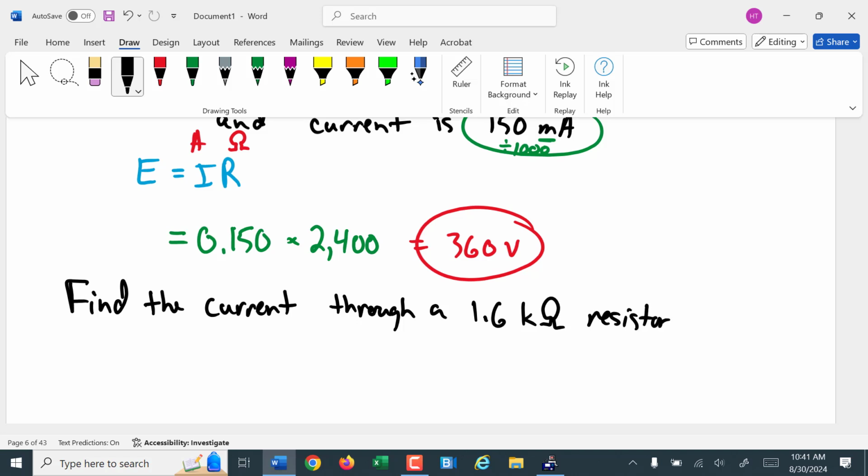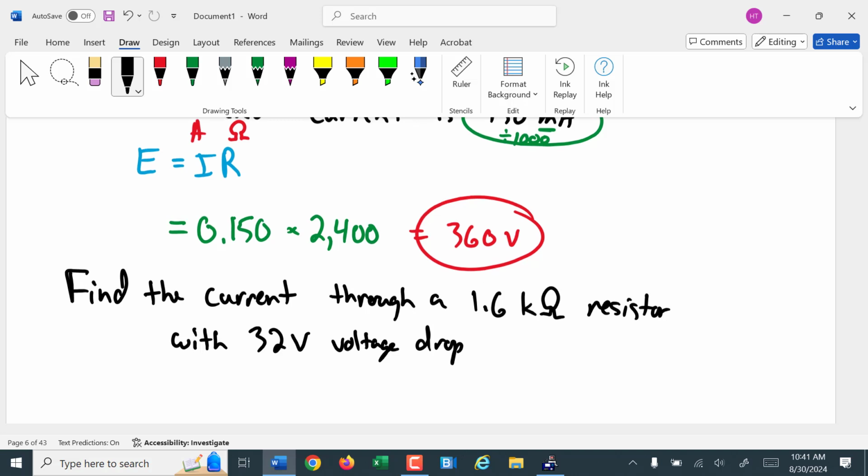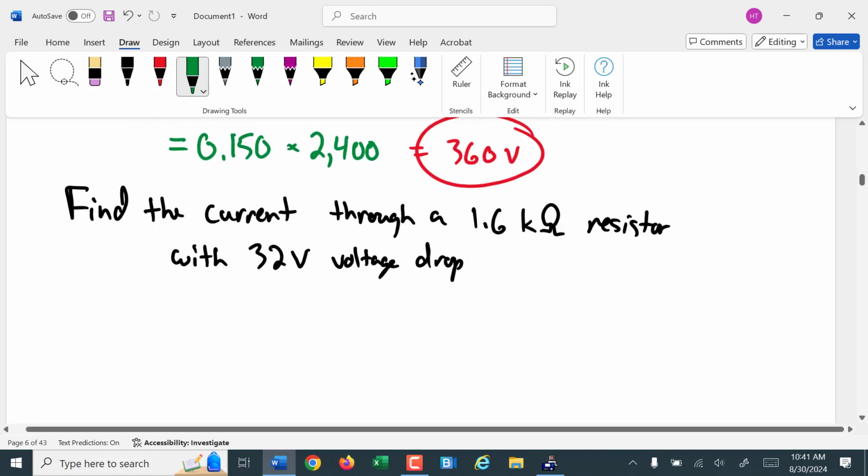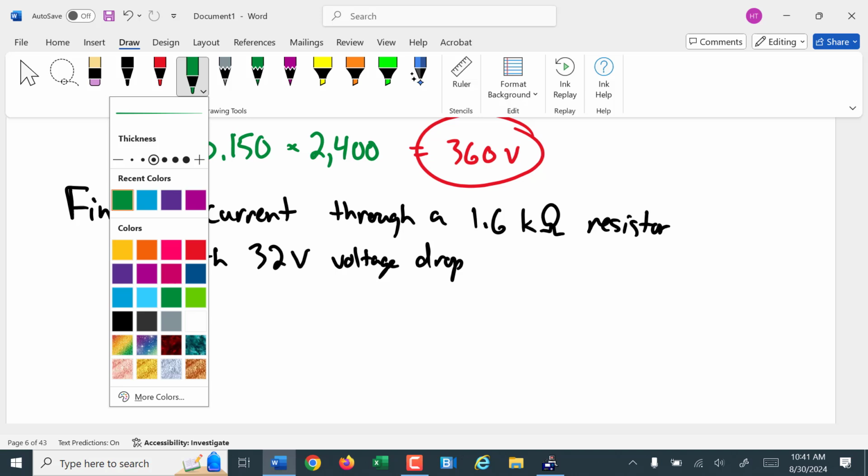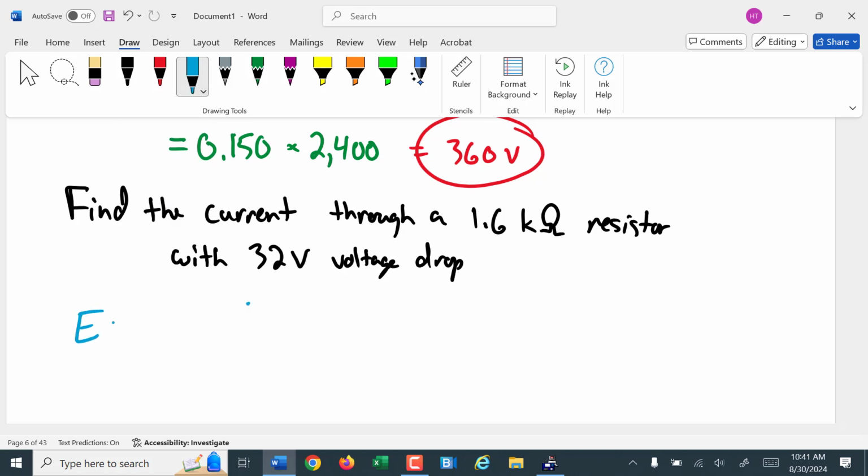So I'm going to ask you to find the current through a 1.6 kilo ohm resistor with a 32 volt voltage drop.